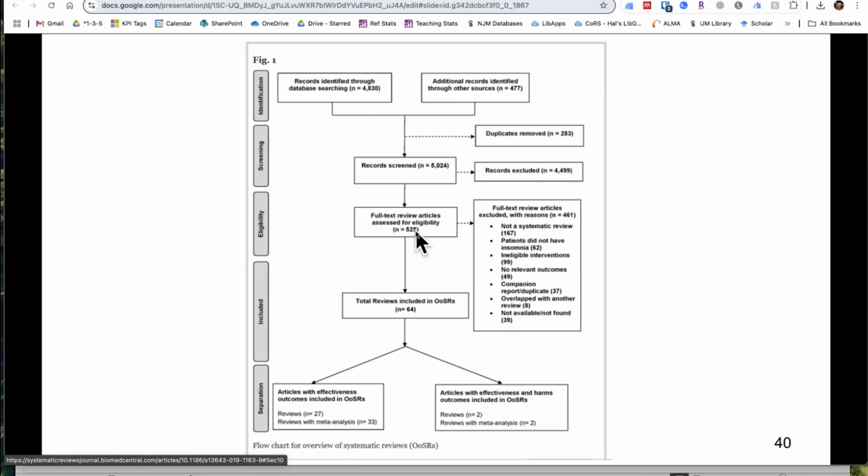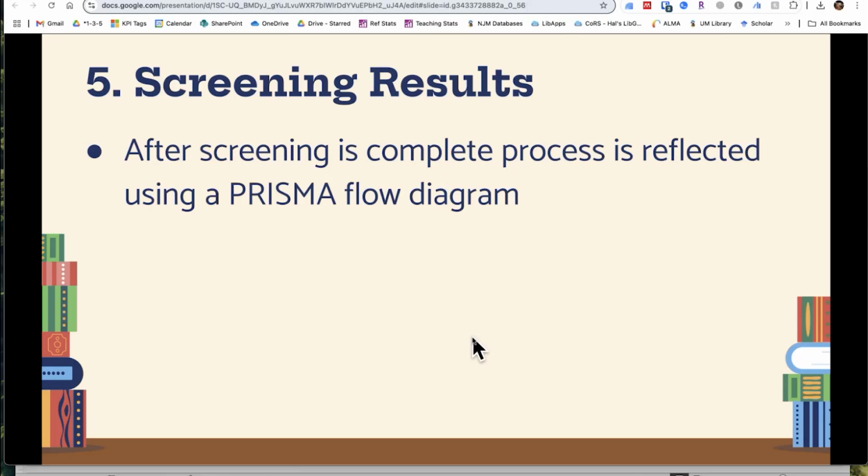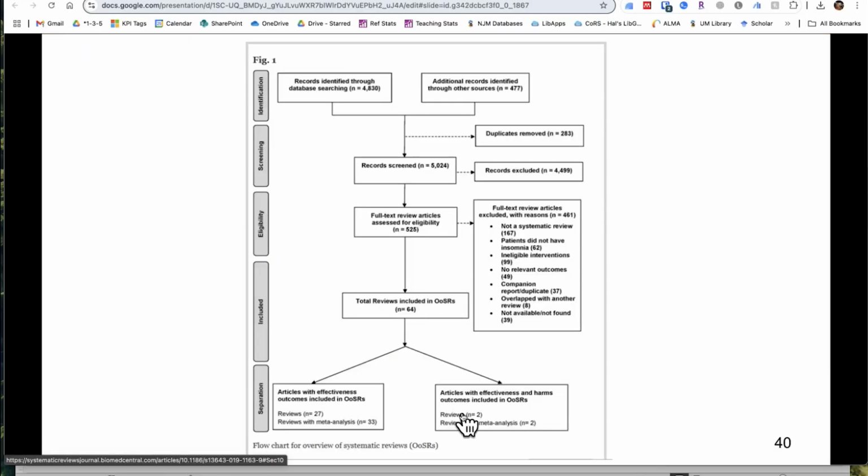Then they reviewed just over 500 for full text, and they have the reasons why those were excluded listed. The total number of reviews included in the final project is listed here, and then they've split them into their two different categories based on the study type. So again, you can keep track of all these numbers manually, but if you can use a software program that does it for you, it just saves you a lot of time.